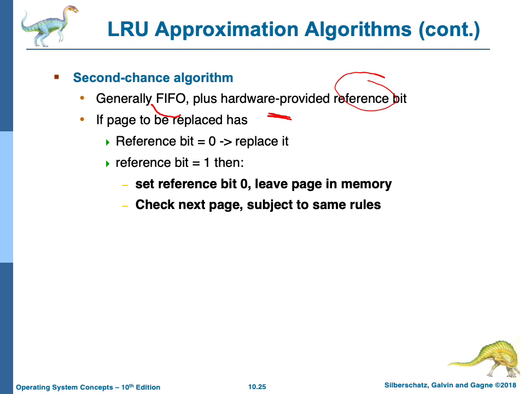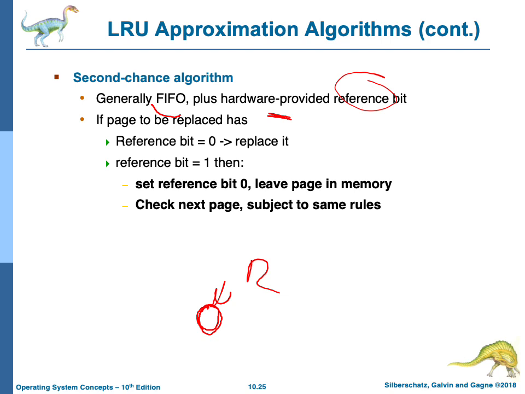When we want to replace a frame, we check our frames first in, first out, and the first one found that has a reference bit equal to 0, meaning it hasn't been referenced, we immediately replace it.